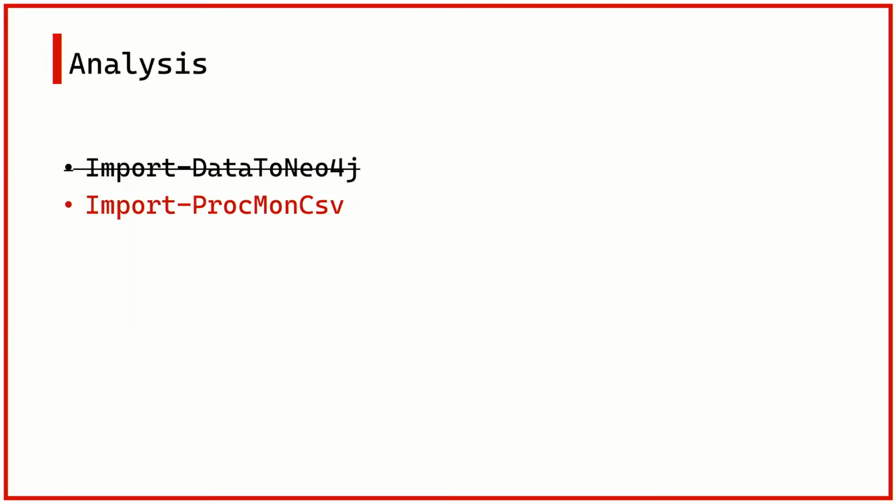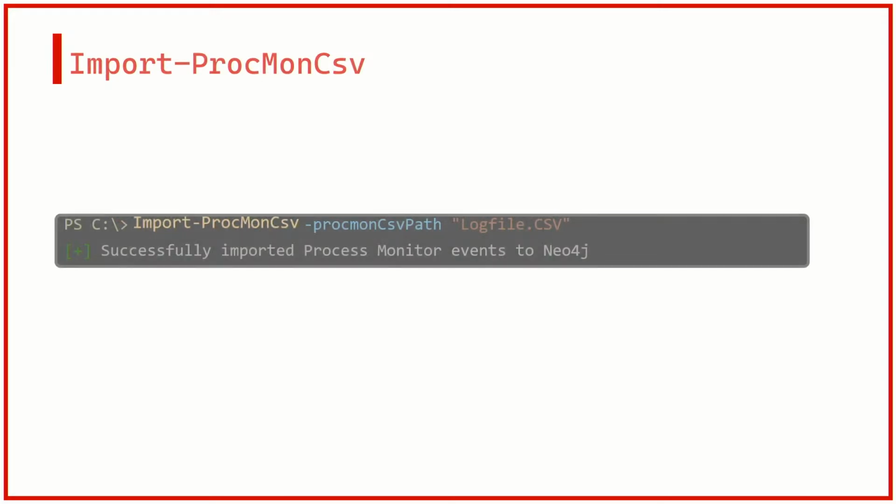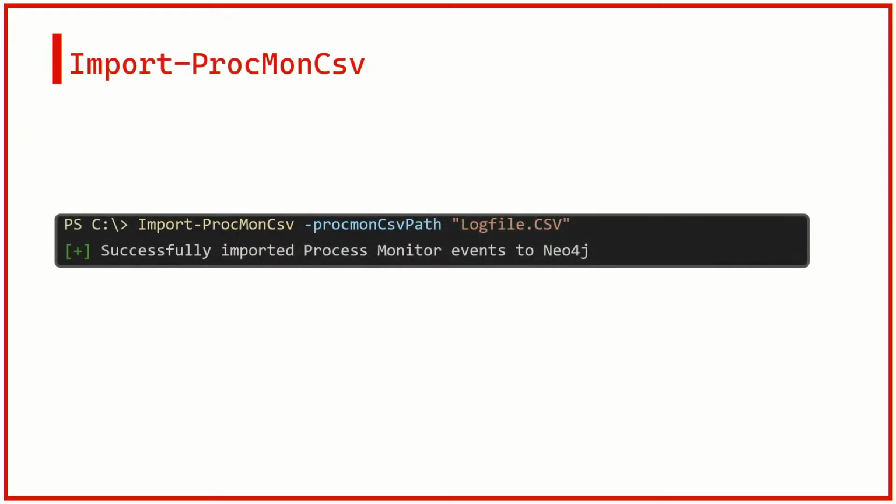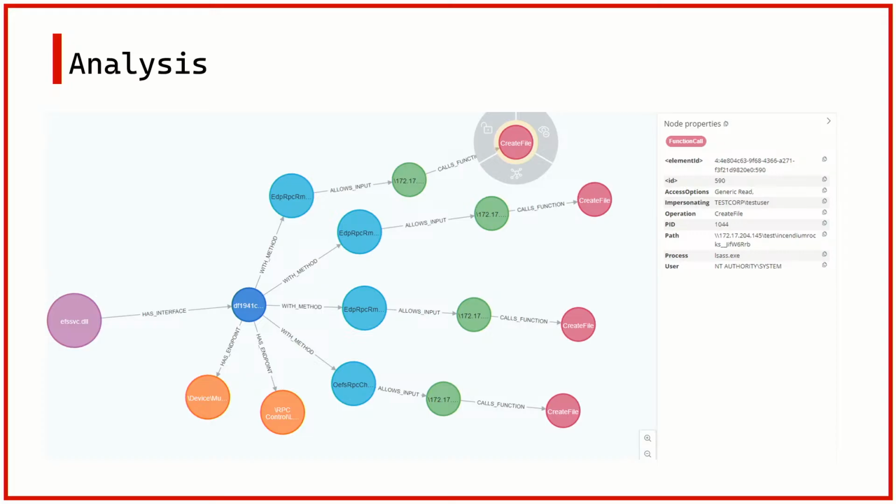And this Process Monitor file can actually be exported to a CSV and then imported into the Neo4j database as well. So now we have our fuzzing input results and a log file from Process Monitor. And now we can actually map the Win32 functions to the input which I generated using my fuzzer.